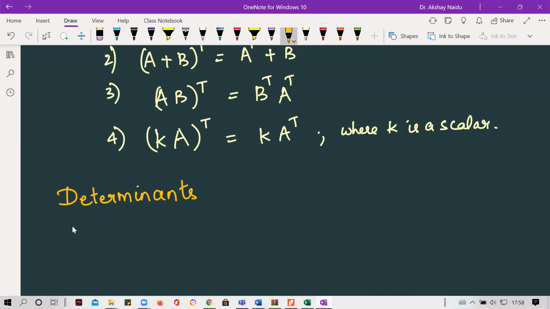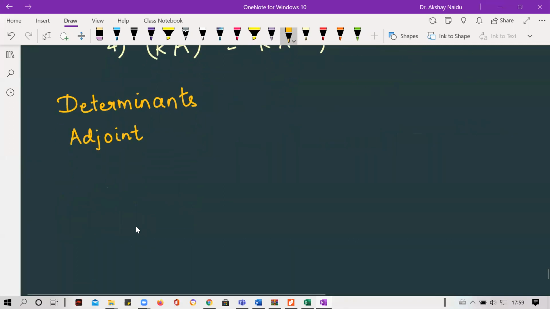Determinants, then adjoint. Adjoint of a matrix we'll discuss with determinants only, and inverse. Then we discuss rank of a matrix.